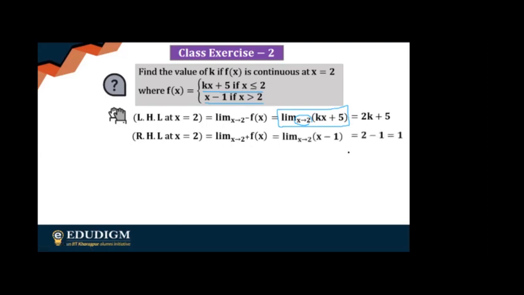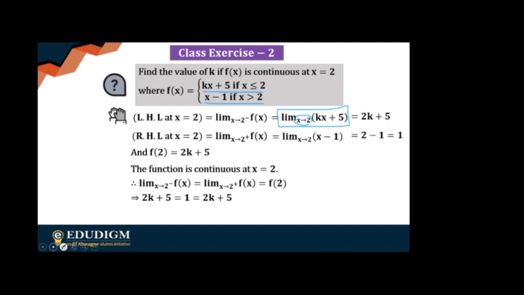Similarly, these are the possible values and this is the functional value. For continuity, they should be equal. So from there, you can clearly get the value of k. It's perfectly right. This is k equals -2. Good. You just find out the left-hand limit and the right-hand limit. Since they should be equal, this should give you the value of k. All right?